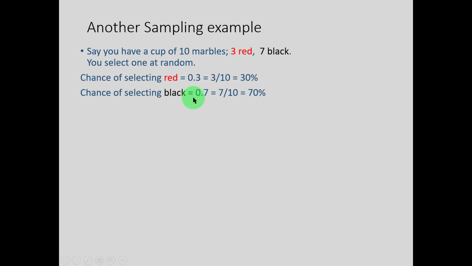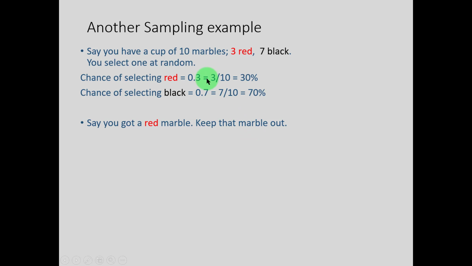Sweet. Let's suppose that you selected a red marble. You're a lucky person. Now, keep that marble out of the cup. Throw it out the window. Now, what would be the chance of getting a red marble from that cup? Well, there used to be 10 marbles total, but you just threw a marble out.